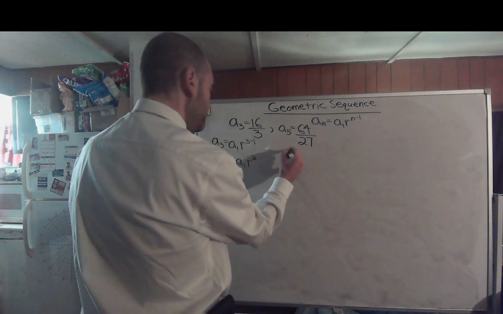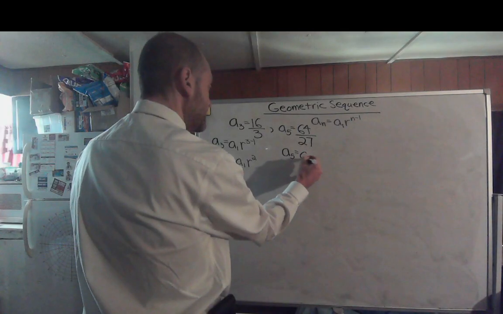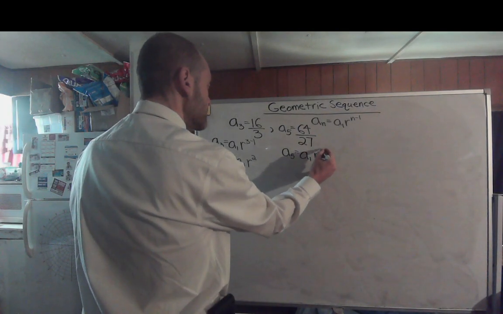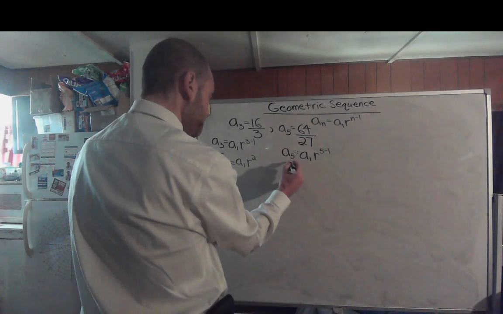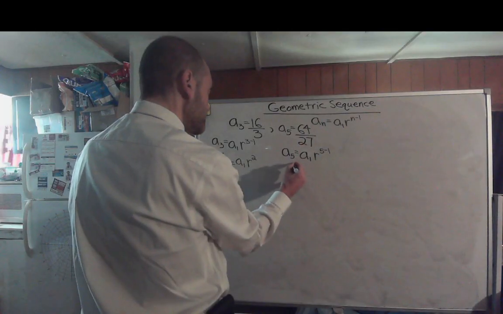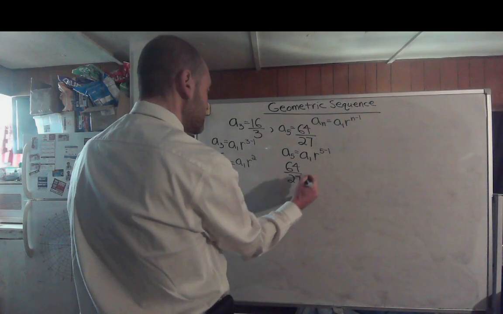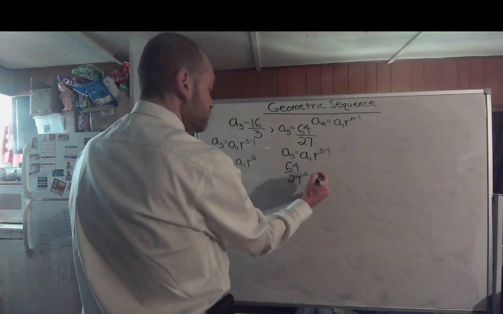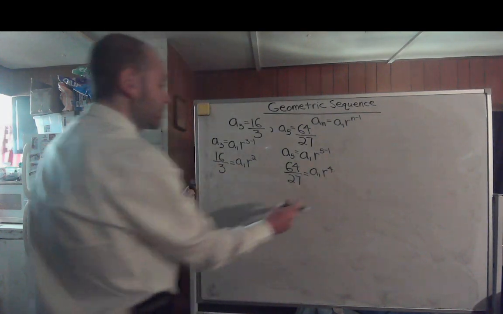So a sub 5 is going to equal my a sub 1 times r to the 5 minus 1 power. Well, a sub 5 was defined to be 64/27. That would mean that equals a sub 1 times r to the 4th power.